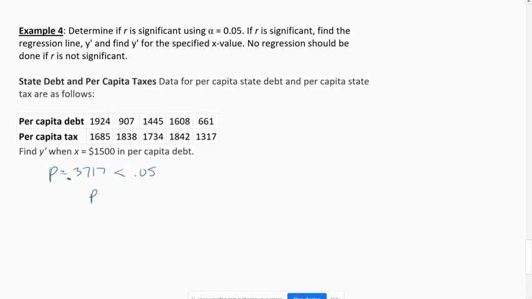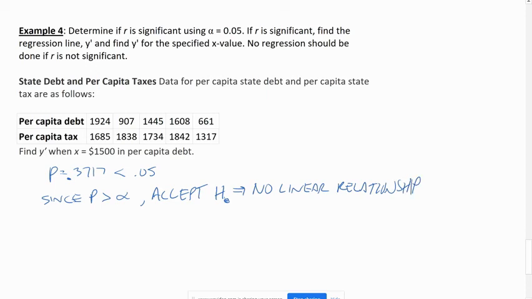So since p is greater than alpha, we're going to accept the null hypothesis and say there is no linear relationship, or the linear relationship is not strong enough to use within alpha equals 0.05.